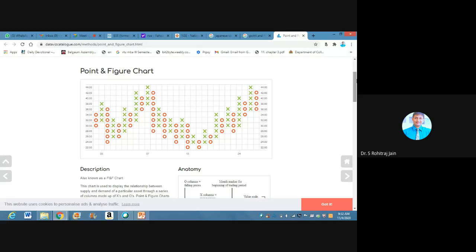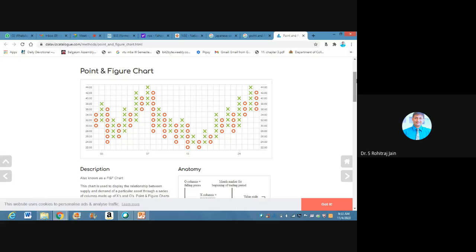Only significant price changes are recorded, while the vertical scale on a PFC represents the price of the stock. The horizontal scale does not represent the time scale in the usual sense. Each column on the horizontal scale of the PFC represents a significant reversal.